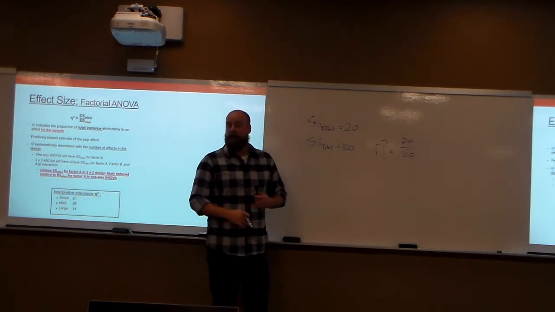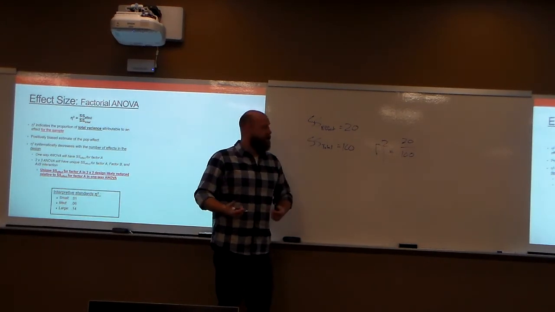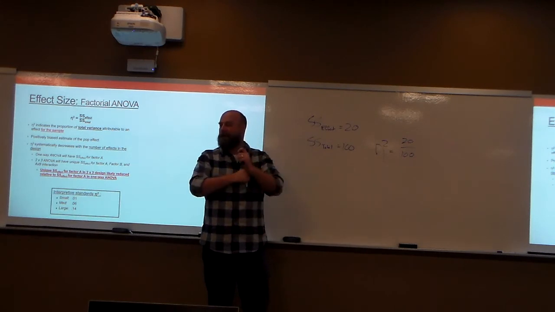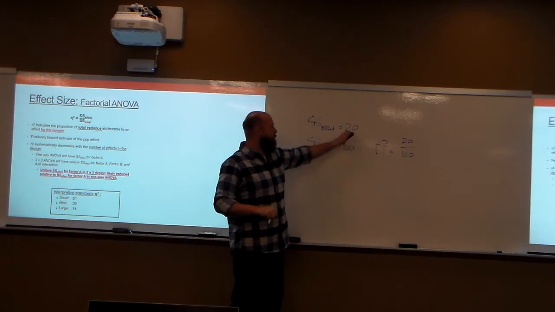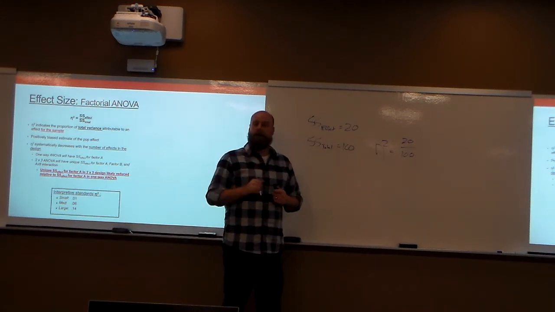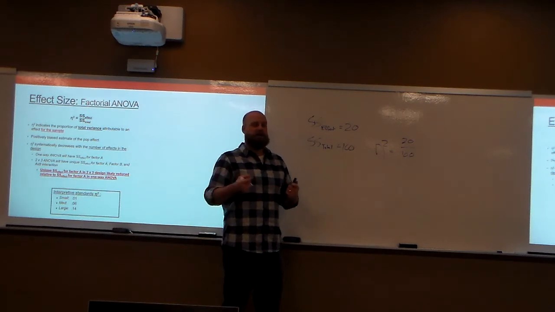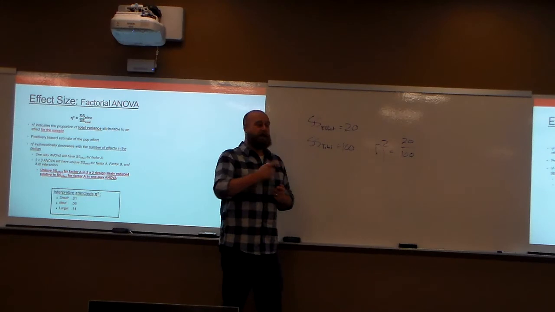Well, let's say I added another effect, so I'm going to go to a factorial design, and I add something else in, right? And these two factors aren't completely correlated zero with one another, right? What's going to happen to my sum of squares effect? Part of this effect starts to get chipped away by the overlapping stuff. It's going to decrease, right?